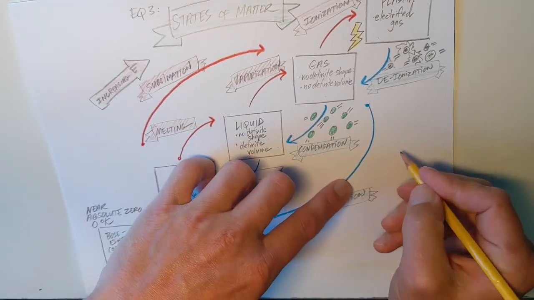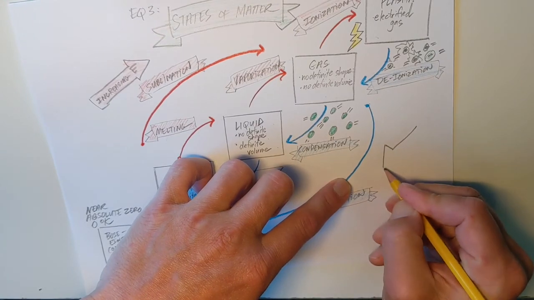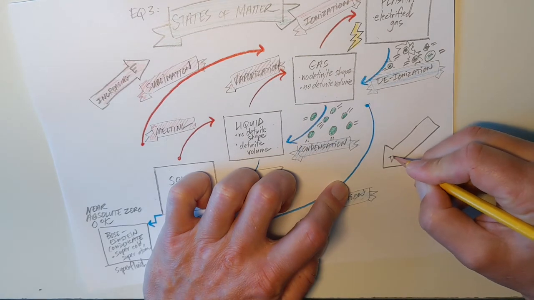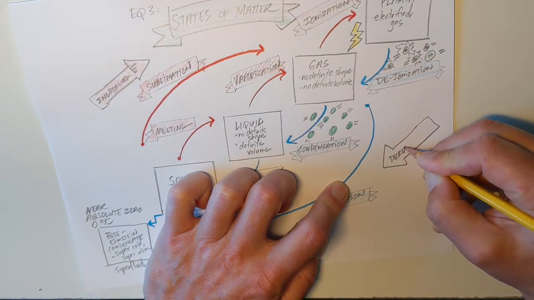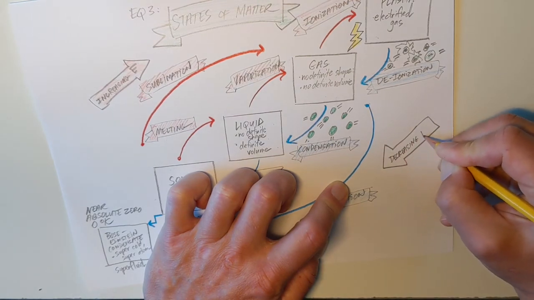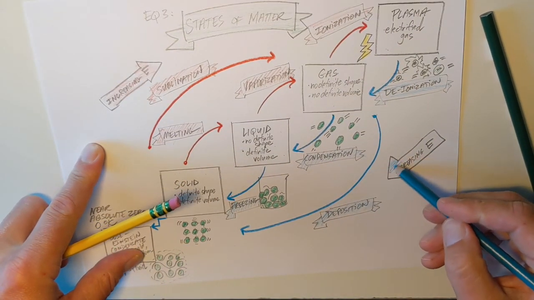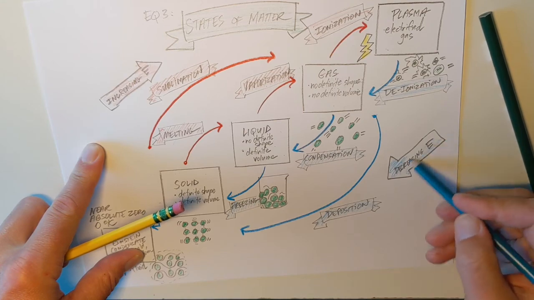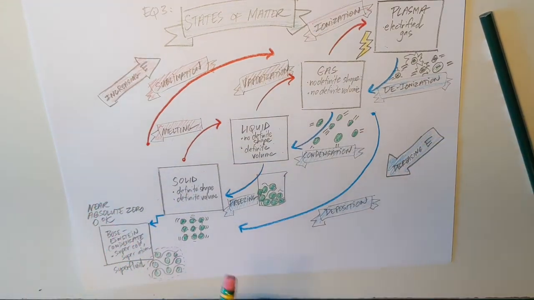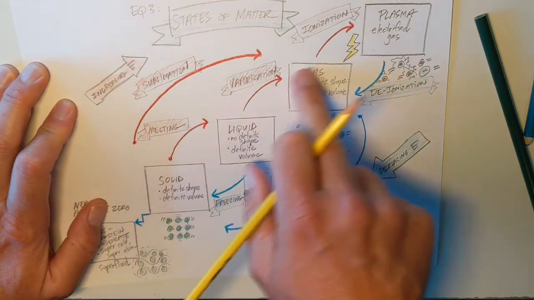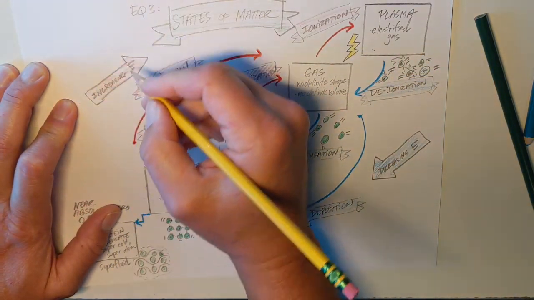So if that's increasing energy, if we look this way, that would be decreasing energy of the system here. Okay? And we'll add one more thing. When we're increasing the energy of the system, we are speeding up the particles.